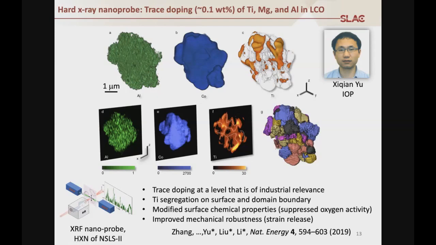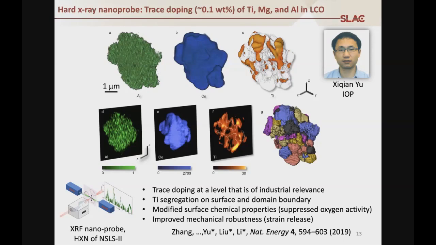And in this particular case, we studied lithium cobalt oxide, which is a dominant cathode material for the portable electronics. And you see that aluminum as a dopant is fairly uniformly distributed. On the other hand, titanium naturally segregates onto the grain boundaries and onto the particle surface.